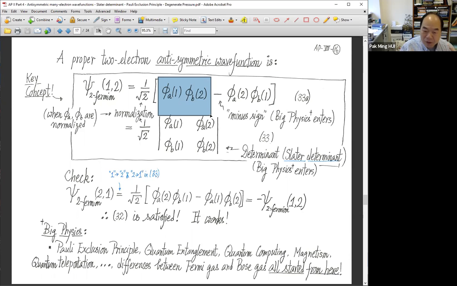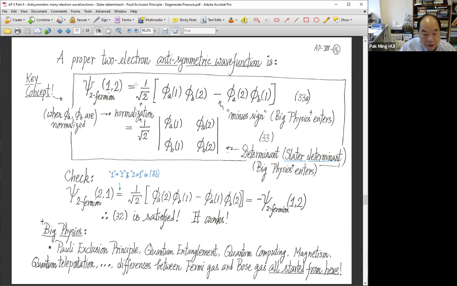So we have to be fair. We don't know that, so we don't overstate it. So this is a fair way to write down what we know. And now, it is this minus sign that ensures the anti-symmetric requirement.